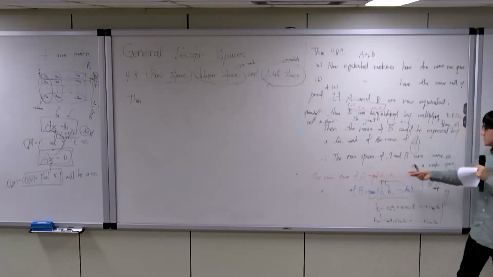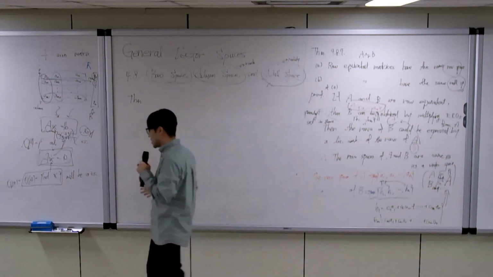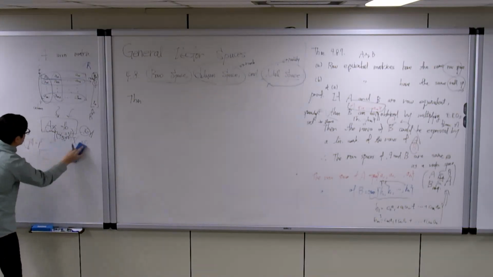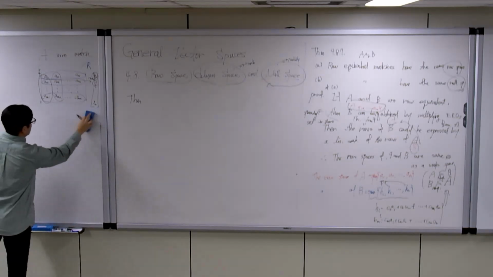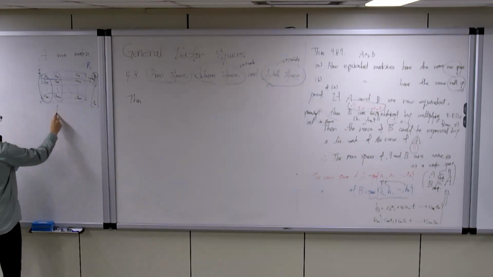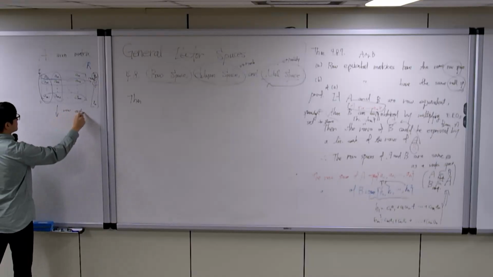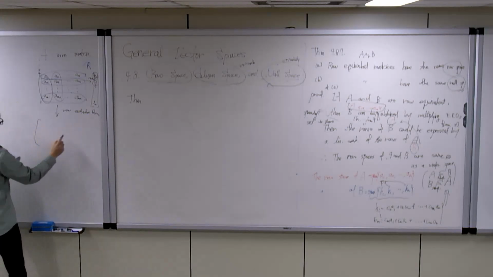From here, you can get the row space and null space easily, because it has the form of leading ones and others.